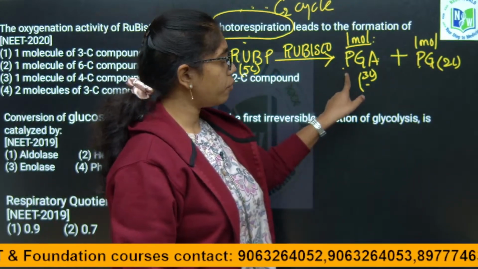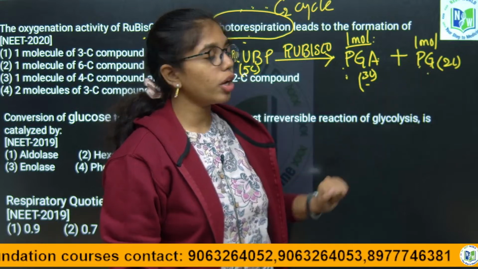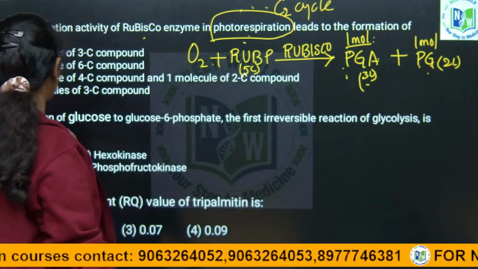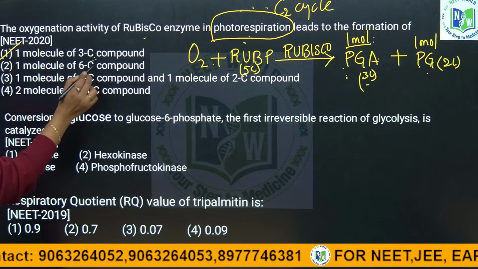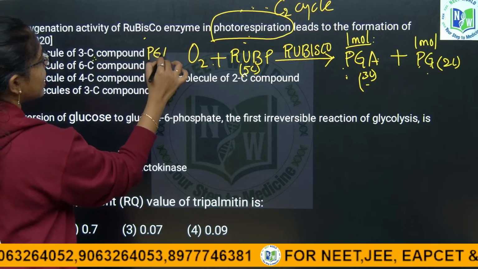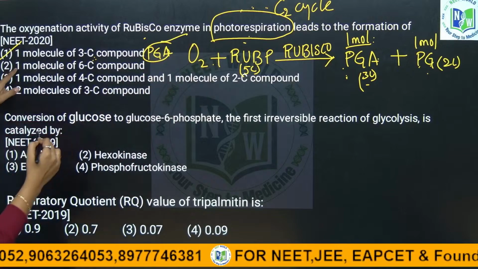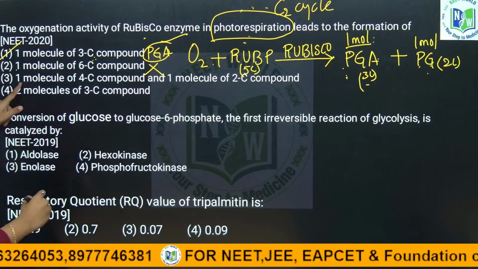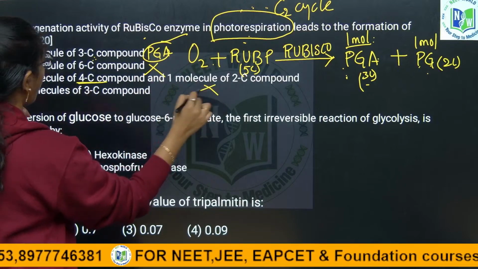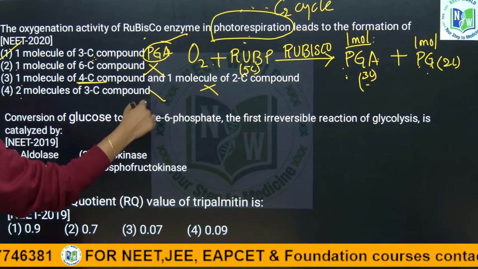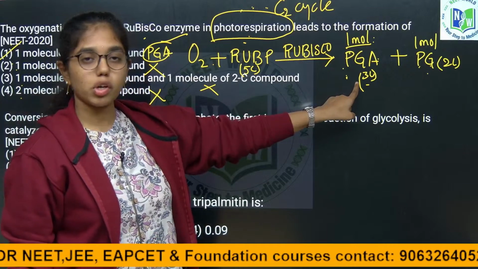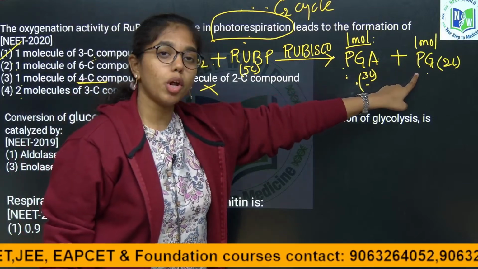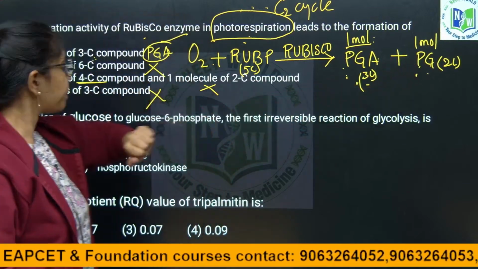So, here because of the oxygenation, one molecule of 3 carbon compound, that is phosphoglyceric acid, is formed, correct. One molecule of 6 carbon, wrong. One molecule of 4, wrong. 2 molecules of 3 carbon, wrong. So, option 1 is true. It forms one molecule of phosphoglyceric acid and one molecule of phosphoglycolate.